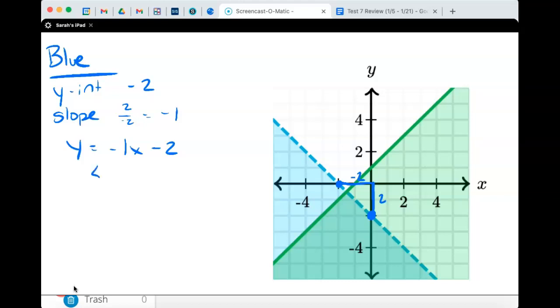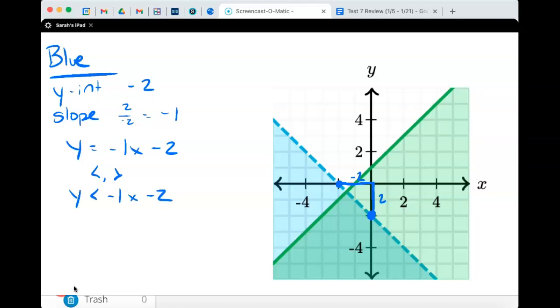It has to be less than or greater than. I just need to figure out the shading. Since it's below the line, I'm assuming it's probably less than, since we're shading underneath it. So I'm going to substitute in less than.